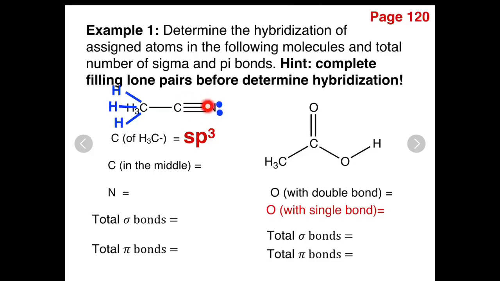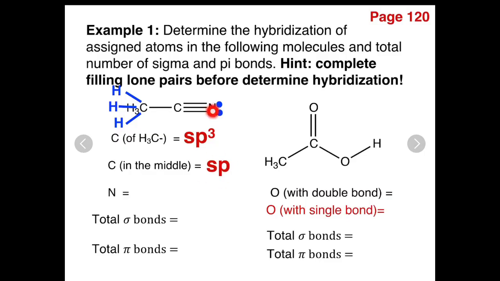Therefore, the electron domain geometry is linear. Linear contains 2 electron domains, so the hybridization is 1 s and 1 p, so it would be sp.